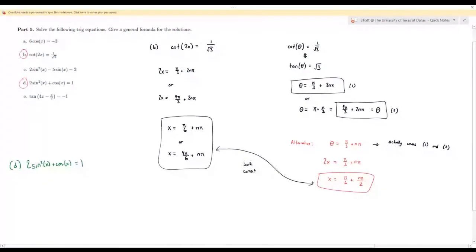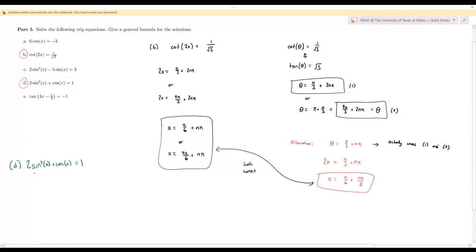Now let's see here. Okay, so this one is a little bit more complicated to start with because here we have an equation that involves two different trig functions. So it involves both sine and cosine.